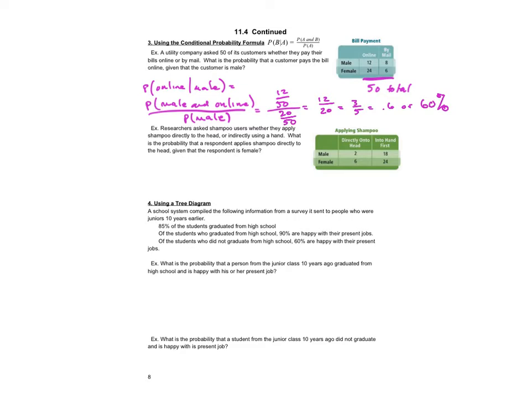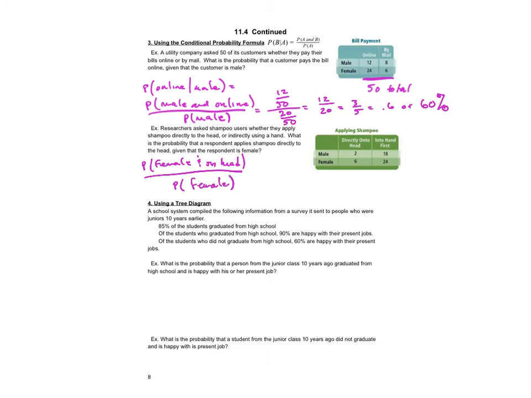Okay, so the probability of the female and online based on the probability of being female. And I said online, I think I meant on head, because it was directly onto the head over the probability of a female.